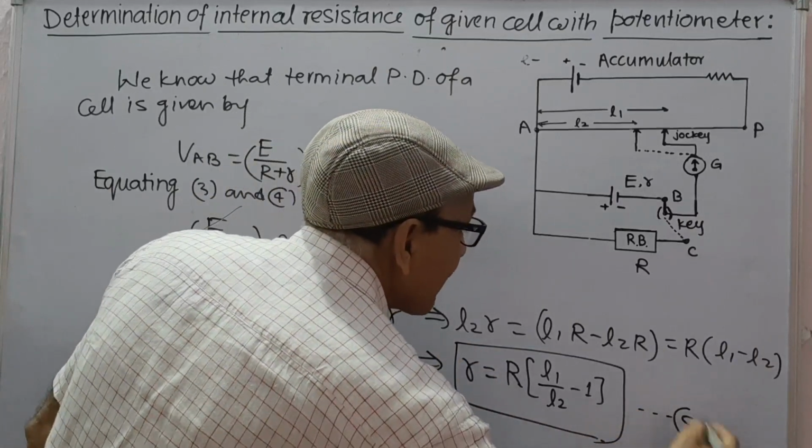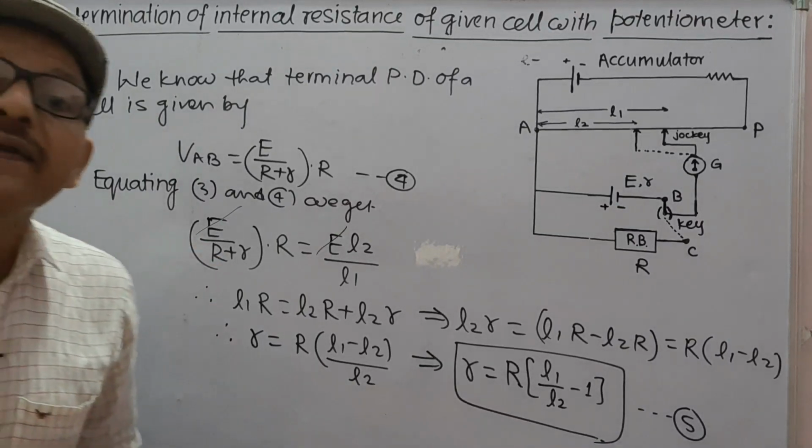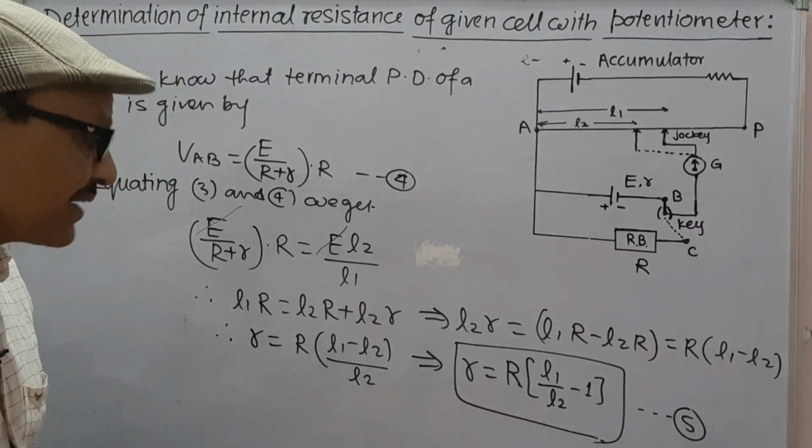Using this relation, equation 5, we can find the internal resistance of given cell.